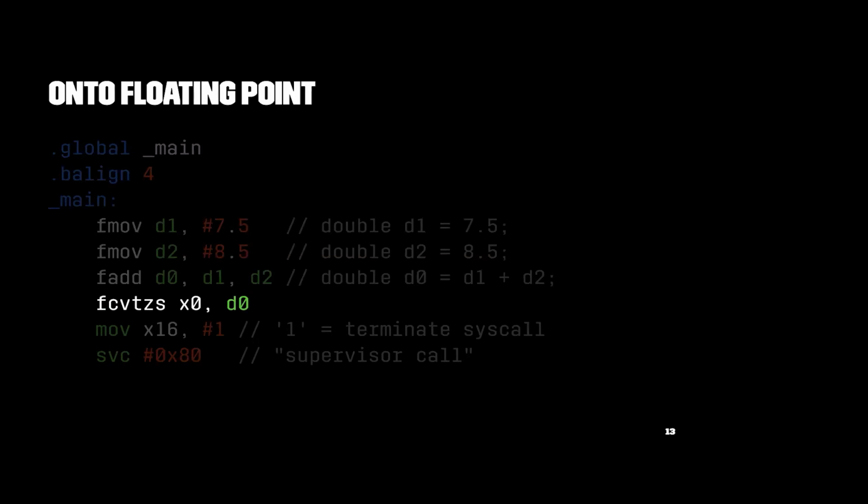This is floating point convert towards zero, signed. What this is doing is taking whatever floating point value is in D0 and basically truncating it to the nearest integer. This is actually a very expensive operation. In C++, you'll see this as a static_cast to int of some double, or round and static_cast.